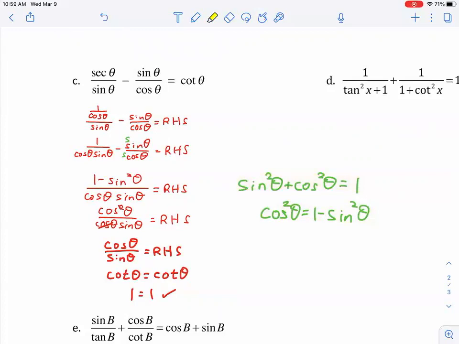And so cosine squared theta equals 1 minus sine squared theta. So that means that wherever I see 1 minus sine squared theta, like here, I can replace it with cosine squared theta, which I did here.